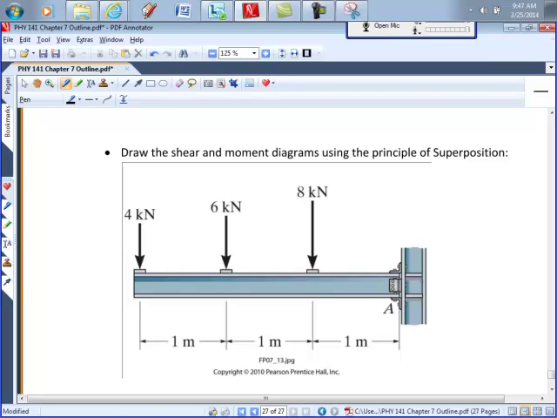That'll also give us the components of reaction at A. Components of reaction at A are going to be a force in the y direction, force in the x direction, which is going to be 0 because there's no x loading, and also a reaction moment, which is going to be the maximum bending moment in the cantilevered beam.